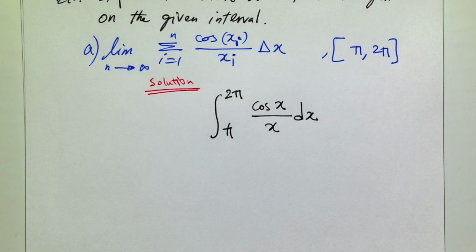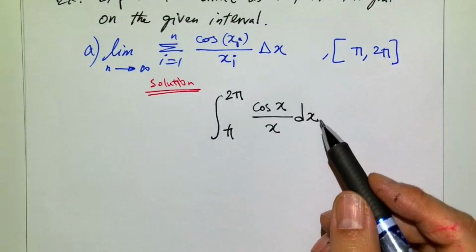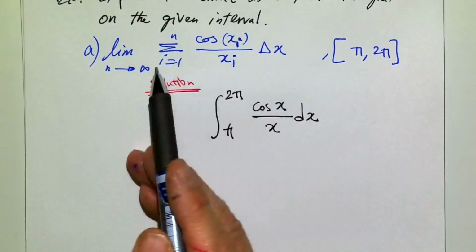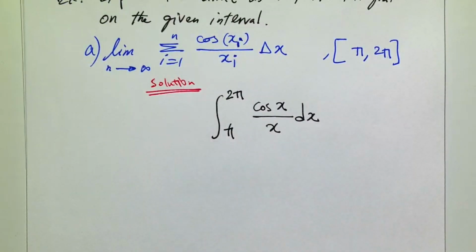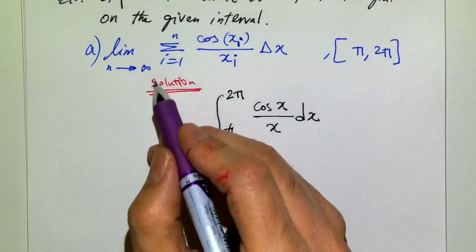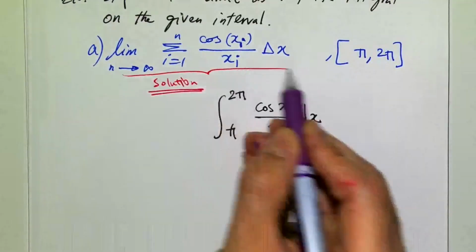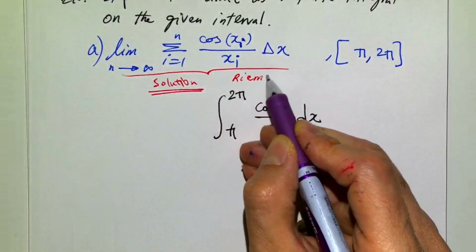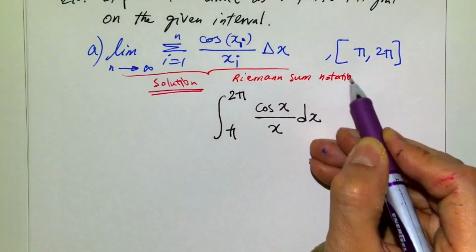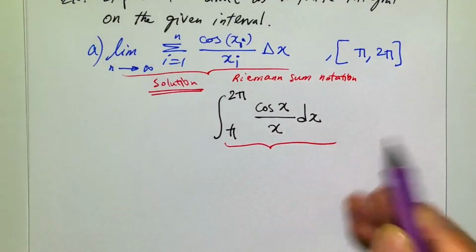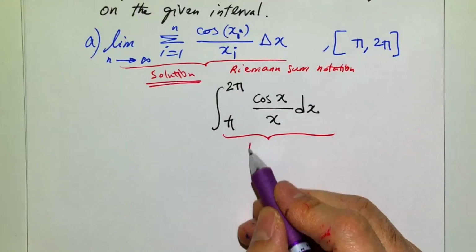But as n goes to infinity, that approximation becomes an exact value. So this is the Riemann sum notation, and this is the equivalent definite integral notation.